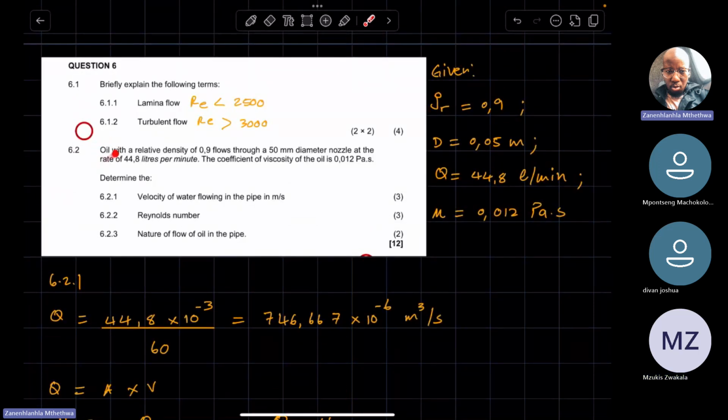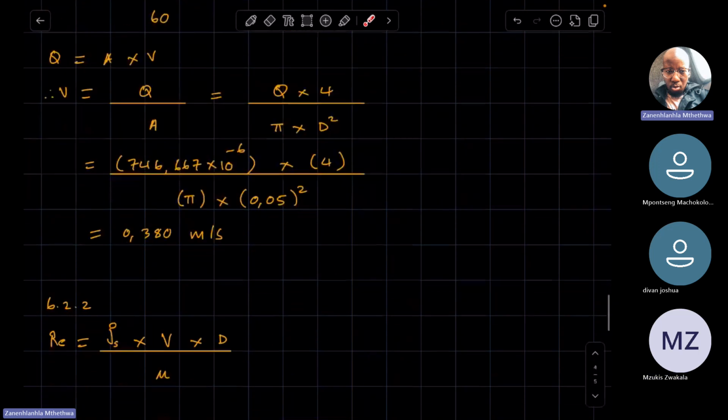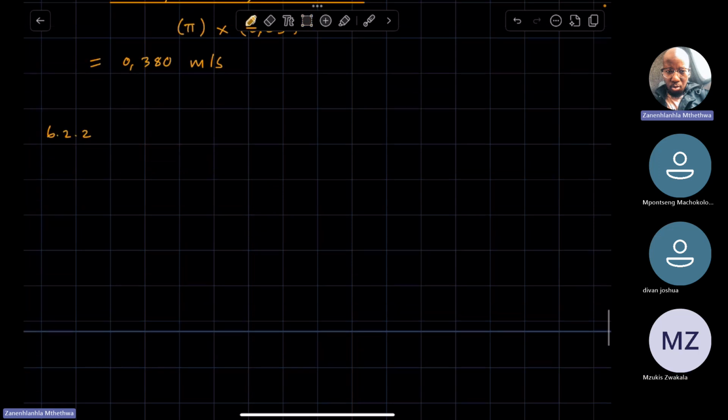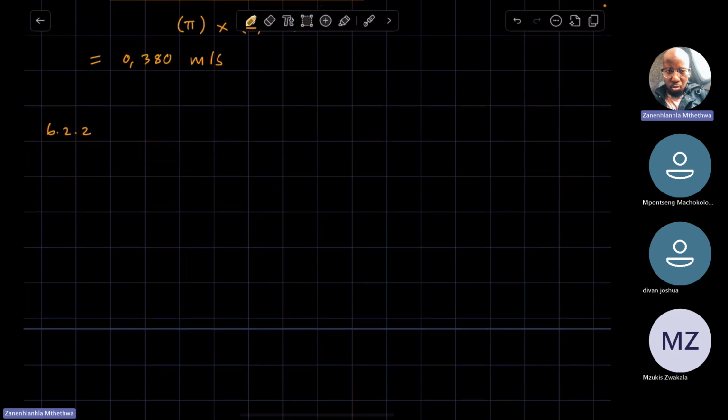When the substance is oil, using the relative density of the substance, we have to calculate the density of the substance. So we can calculate the density of the substance first, and how we do that is by using this formula.